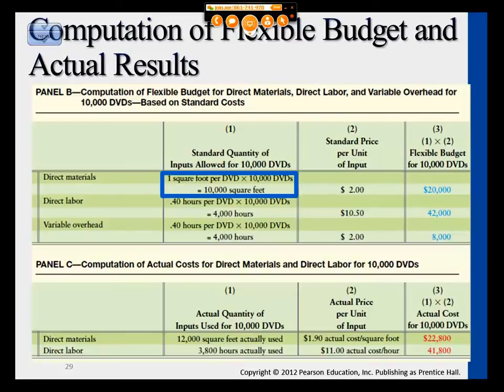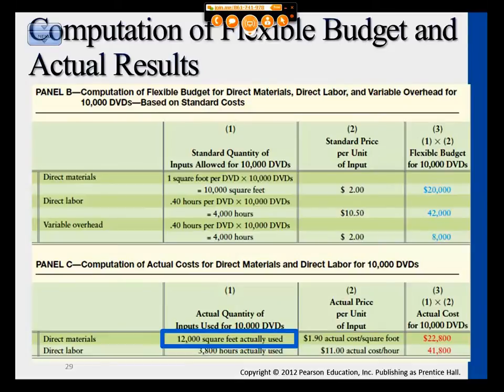So it's 10,000 multiplied by $2, you get your 20,000. You take your 4,000 hours multiplied by $10.50, you get 42,000, and 4,000 hours by $2, 8,000. So you calculated your flexible budget, great.